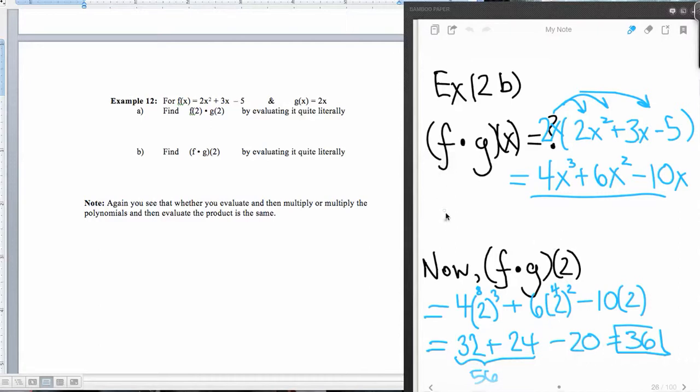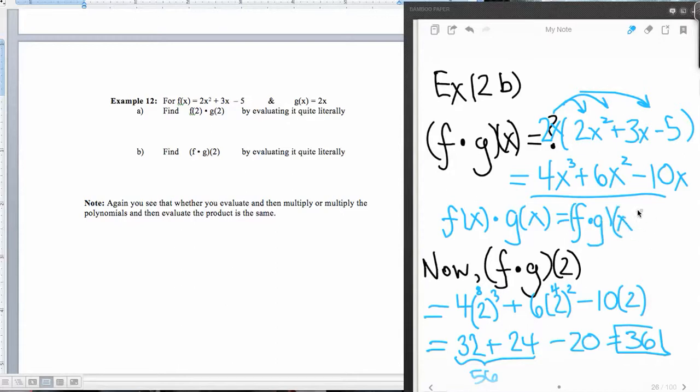And what we learn here is that the expression f of x times g of x is exactly the same as the function f times g of x.